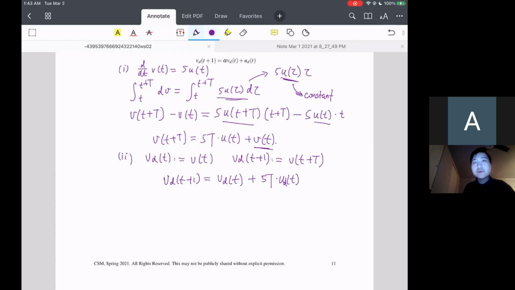In the context of this question, the integrations that we're trying to do aren't too complicated, but we do need to have a conceptual understanding as to the difference between a discrete time step and the continuous time. Okay? So that concludes part A of this question.